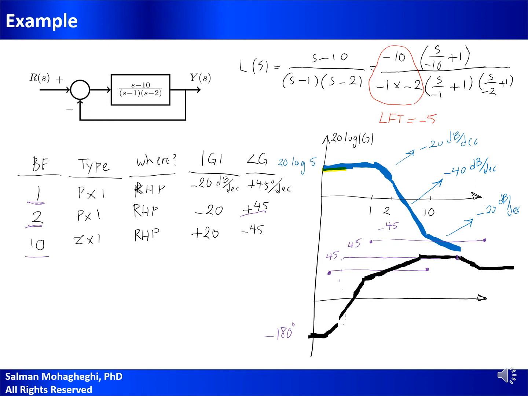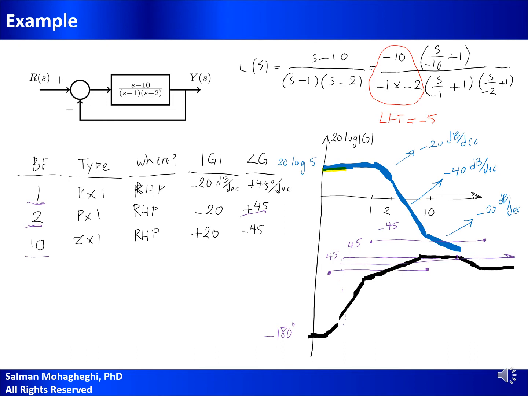So this is going to be my phase plot. And let me go ahead and erase this axis because I'm not really sure where the 0 is going to lie. I really have to find all the breakpoints and calculate what the phase angles are. So 0 might be somewhere, for example, here.